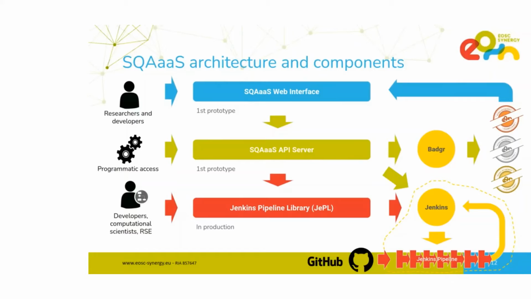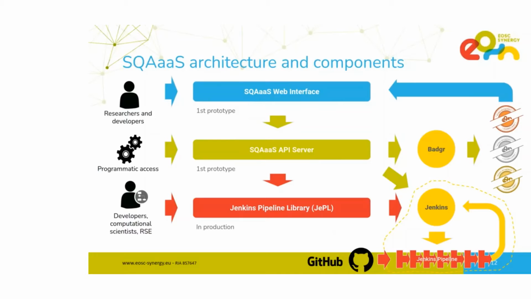It is a standalone product in itself, so you can just use the library, include it in your Jenkinsfile, and profit from a simple description of the pipelines. As a developer or computational scientist, you can immediately step in and use it.